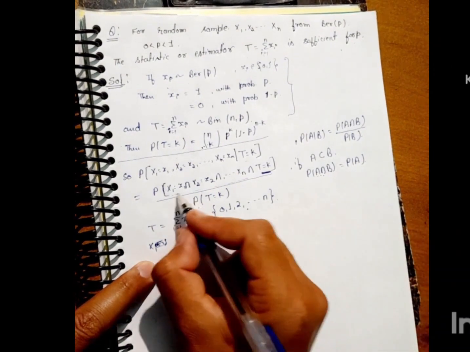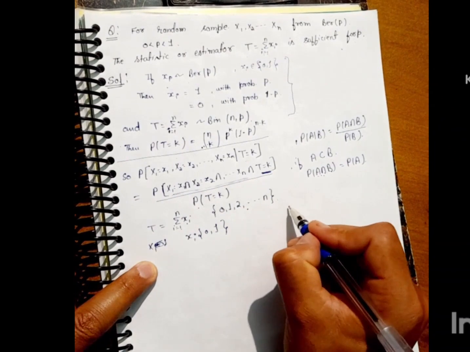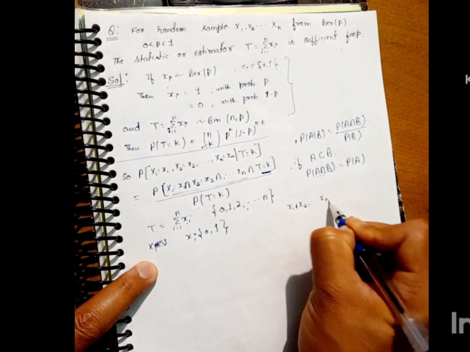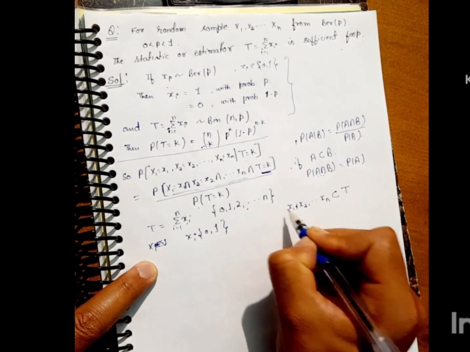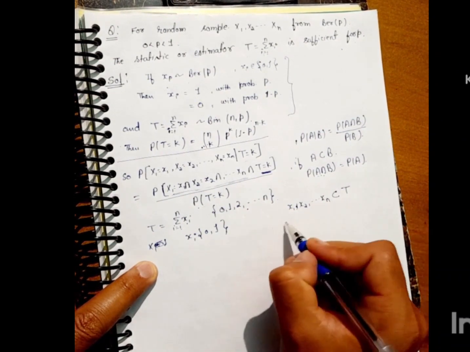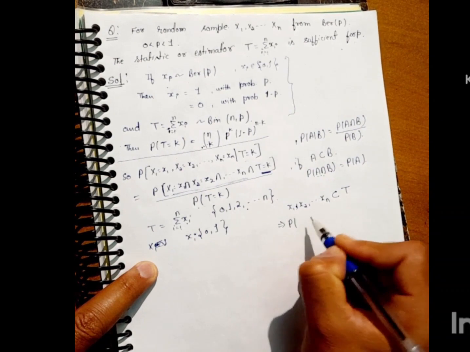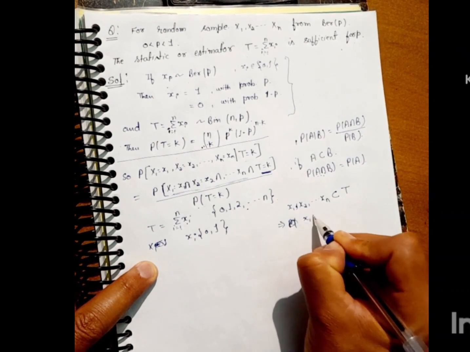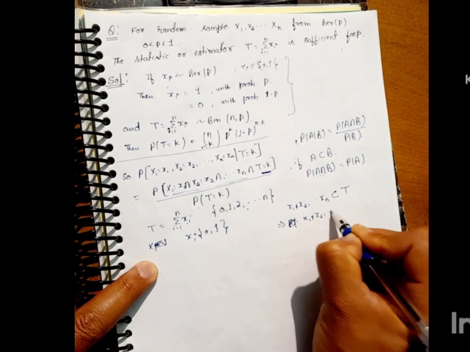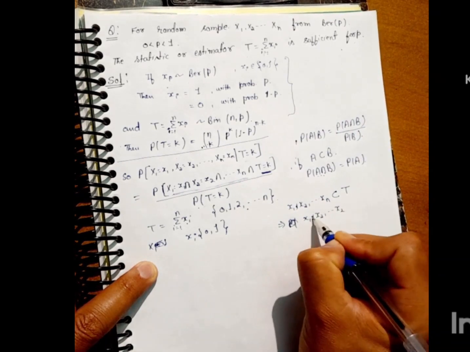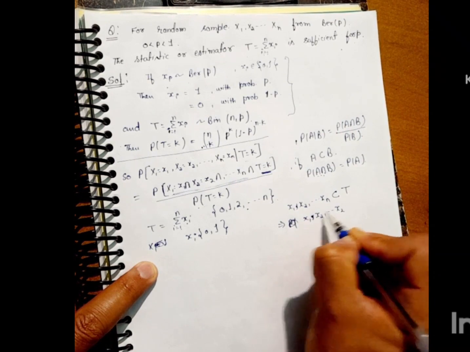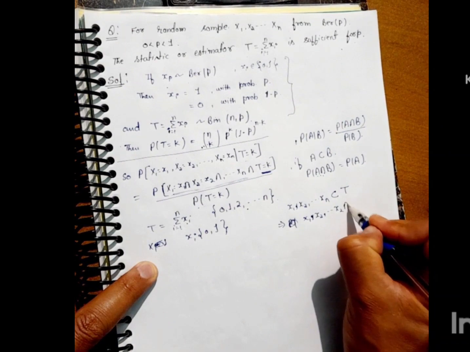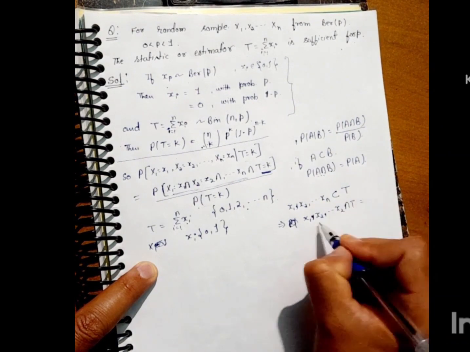So the event X1, X2, up to Xn is a subset of T. A subset of T implies that the probability of the intersection, where between two events a comma or an intersection are the same representation, with T is simply this value.